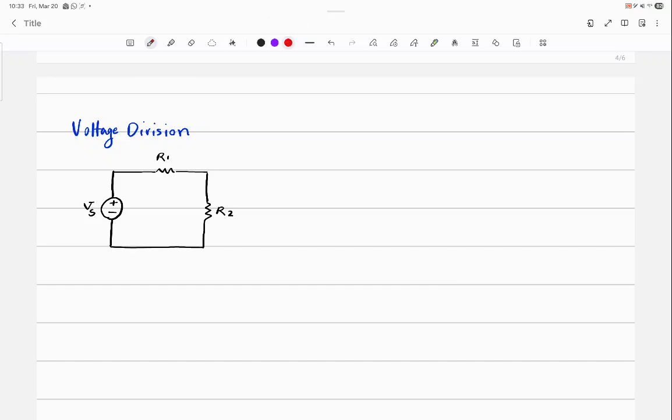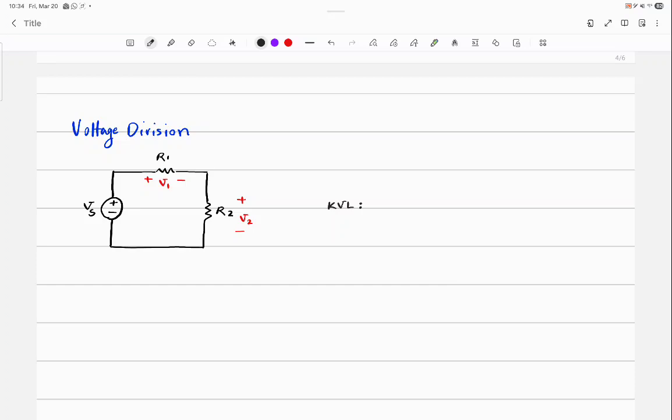Let's write a KVL around this loop, and instead of dealing with current, I'm going to deal with voltages. So how do I write the KVL? Always clockwise. But I'm not using current.